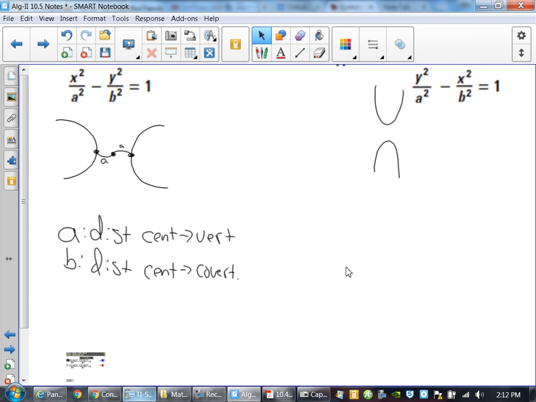But technically, there is no such thing as a co-vertex in a hyperbola, but we still use it. I forgot what the real name for it's called. I'll look it up and I'll tell you tomorrow. Okay? So it's my homework. So the b value is the distance up and down.